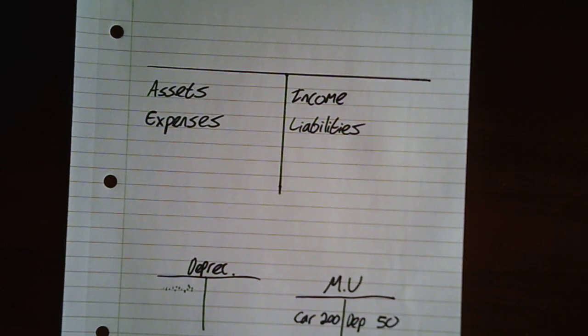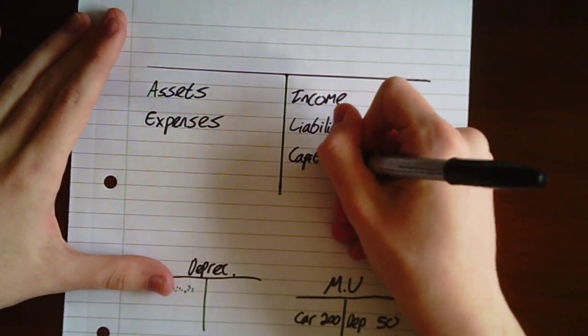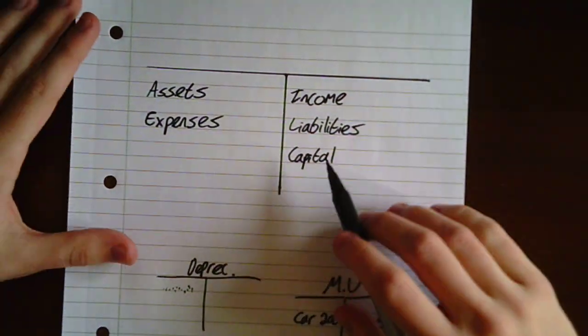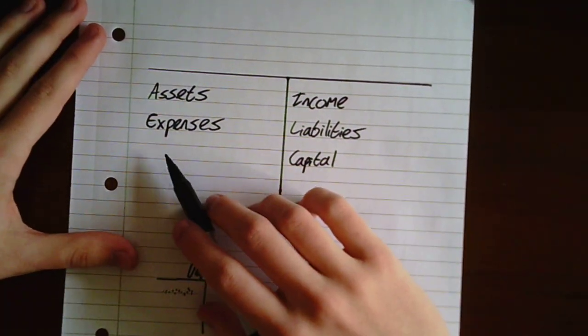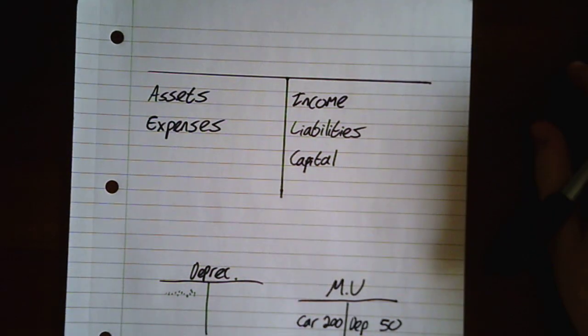And what's the other thing in the balance sheet besides assets and liabilities? It's your capital. The opposite of capital is drawings, so drawings will be on the other side, but you can probably gauge that just from the fact that capital is on the credit side.